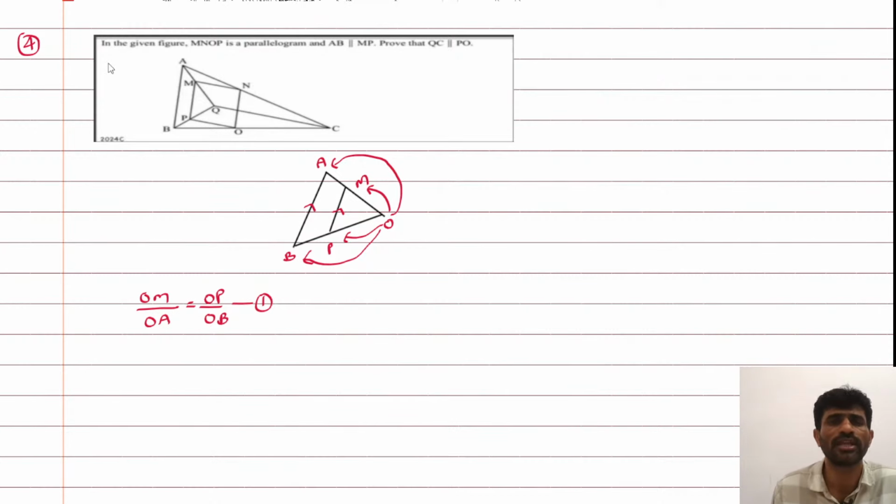And we have one more triangle in this. Hope up to here you understood this. And the next triangle we have like this. You can observe this triangle also in the figure.